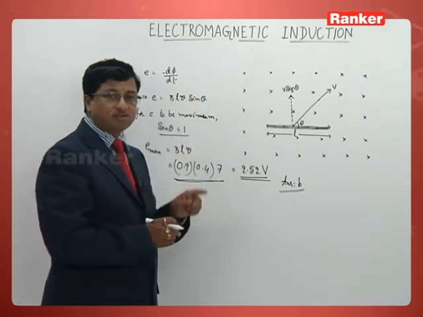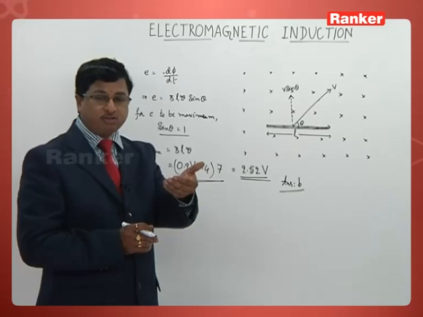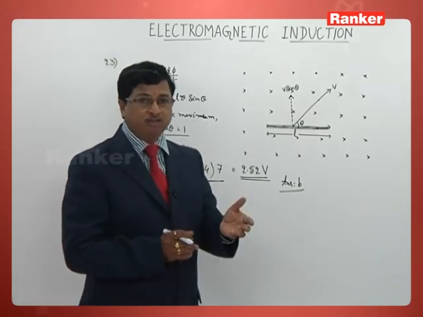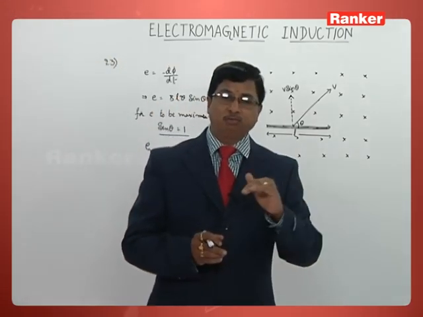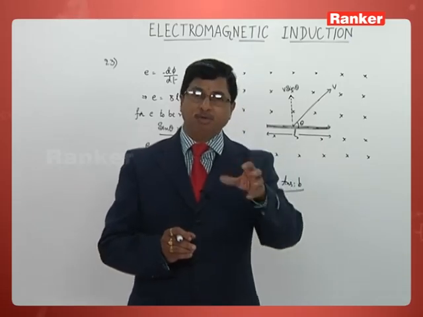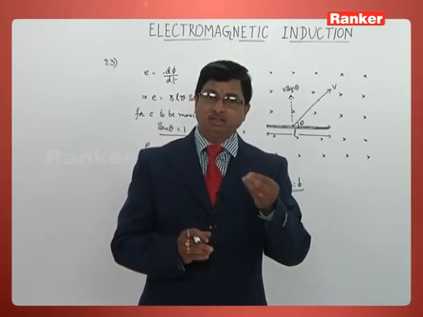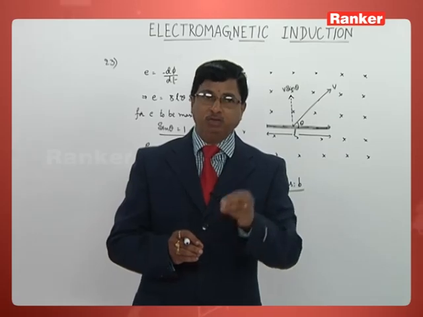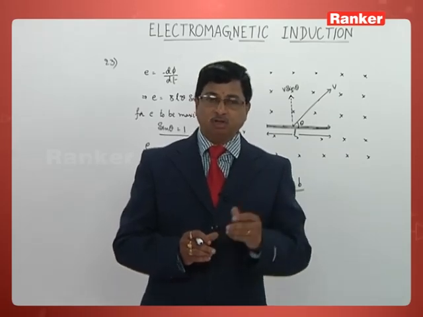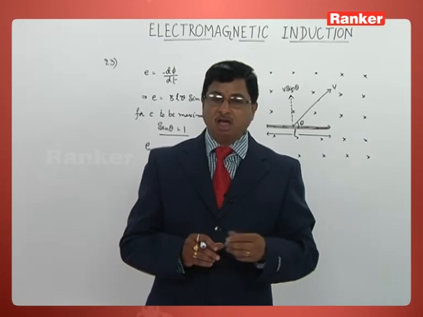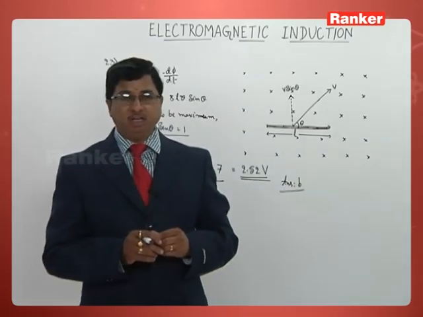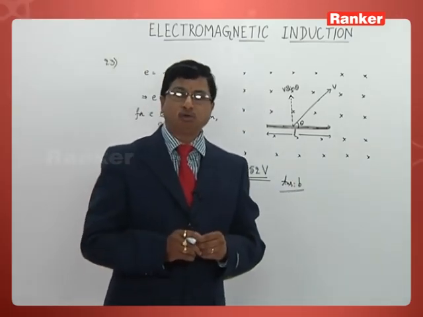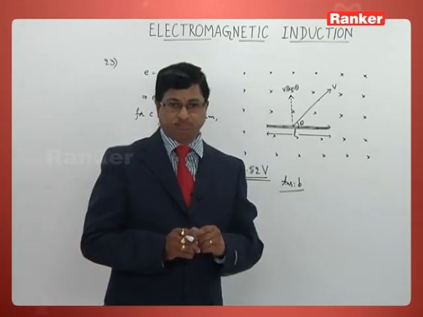And sin theta should become 1 because he is mentioning the condition. Under the condition when it is maximum, the EMF we just want. That means maximum EMF only you just want there. That is nothing other than BLV. Straight away we can go for that. So that is problem number 23, of which the correct answer is B, which is 2.52 volt.